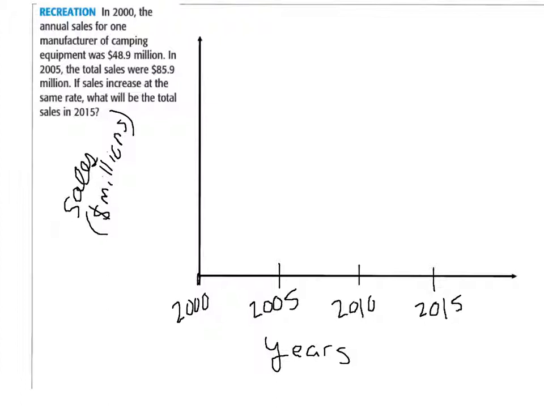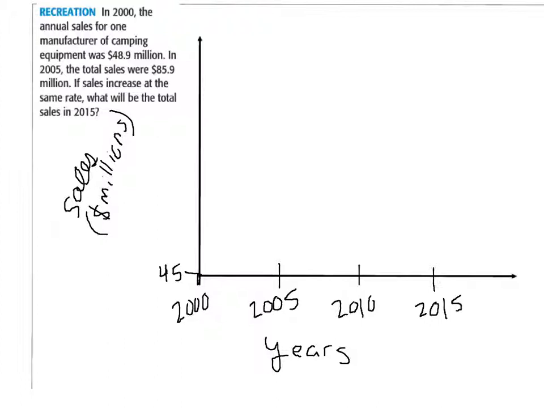I can start at my lowest amount, or an amount near that, let's say 45 million at the bottom. And I have to get at least to 85 million. It increased almost double in the first 5 years, so I probably want to go as high as 3 times the original amount. So let's count this by tens.